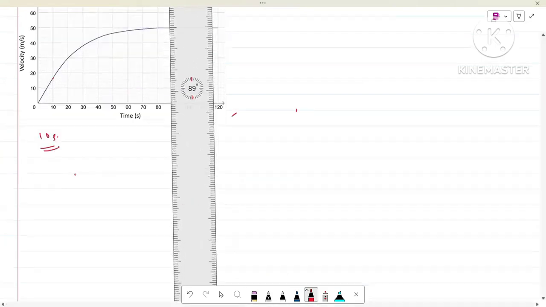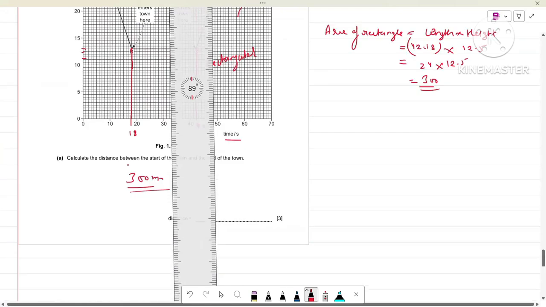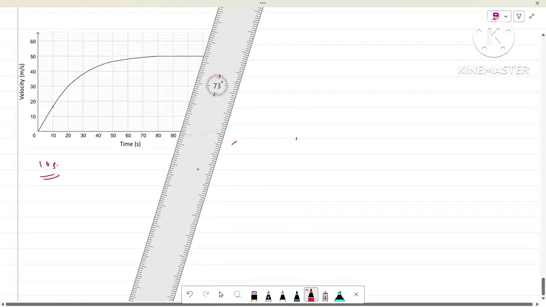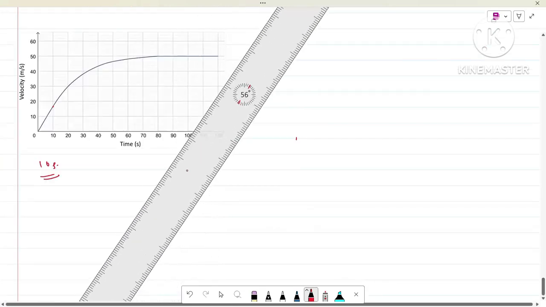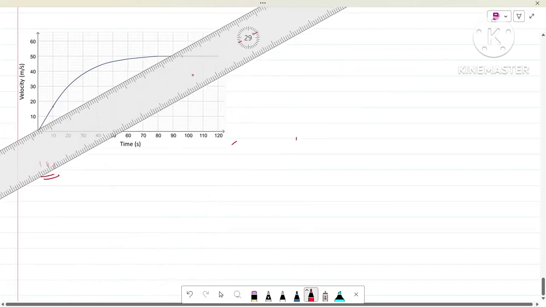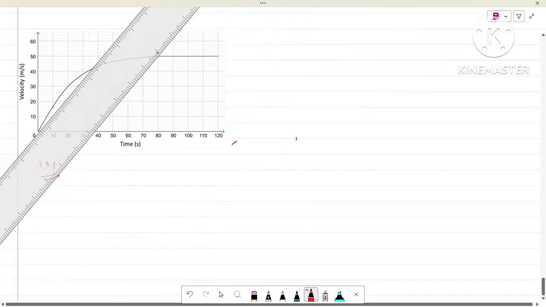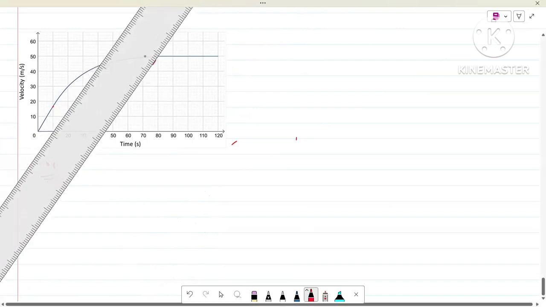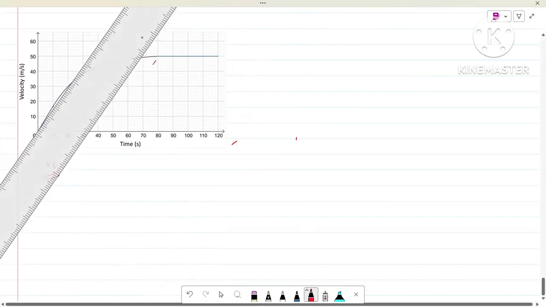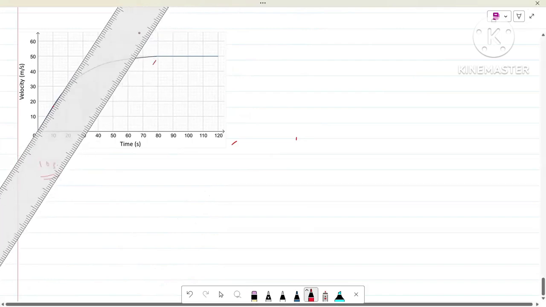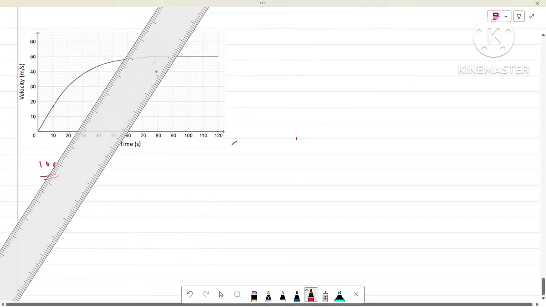If I keep the ruler here, we can see this is a straight line. Clear? Till this point, it is a straight line.